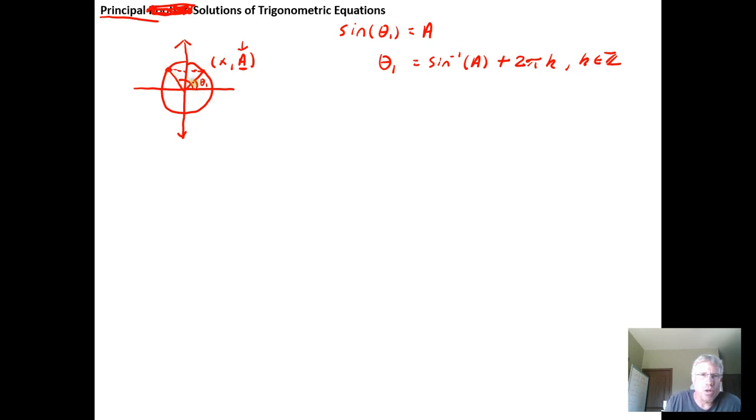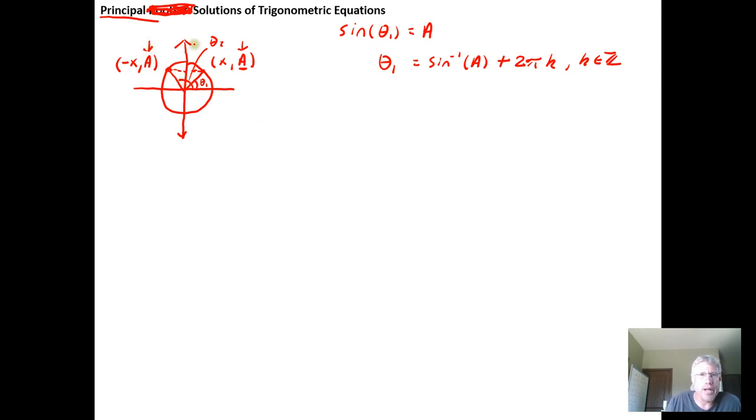We'll call that angle theta 2. And theta 2 corresponds to an ordered pair. We're in quadrant 2, so when we reflect over the y-axis, we'll have the opposite of whatever x is. But y will still be A, because in quadrants 1 and 2 the y-coordinates have the same sign. And this angle theta 2 is also an angle that gives the side ratio of A.